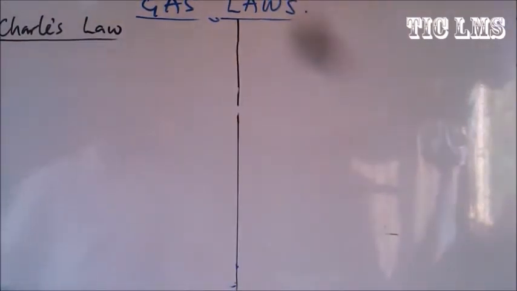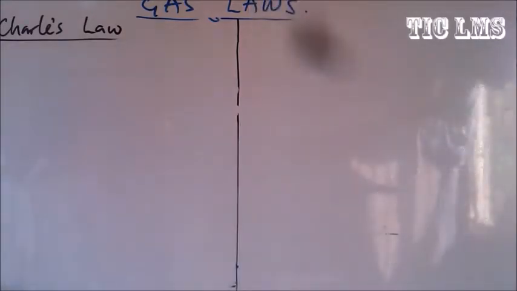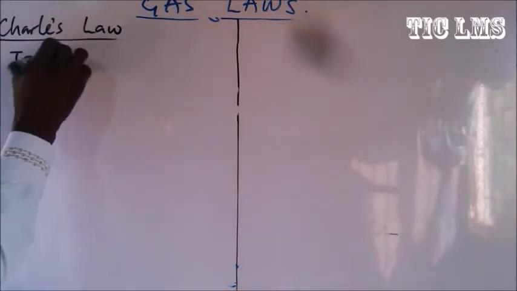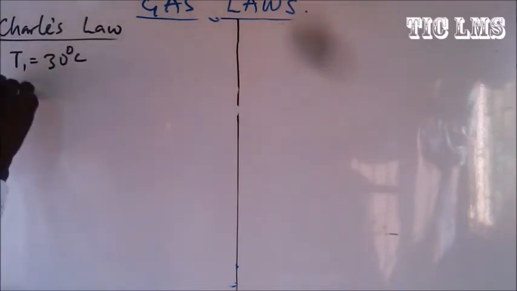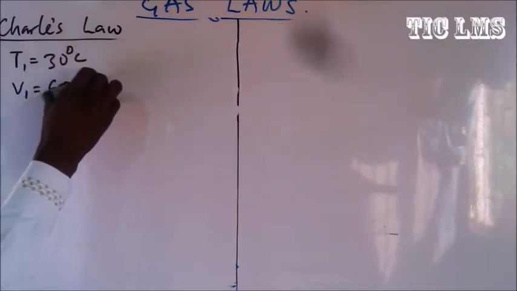Here's the next question. The volume of a given mass of a gas at 30 degrees Celsius is 600 centimeter cube. If the pressure remains constant, determine the temperature when the volume is 800 centimeter cubed. Now in this case, we have that the temperature of the gas equal to 30 degrees Celsius initially at a volume of 600 centimeter cubed.